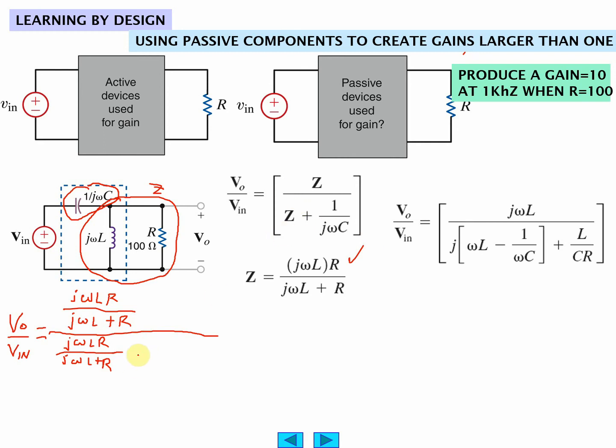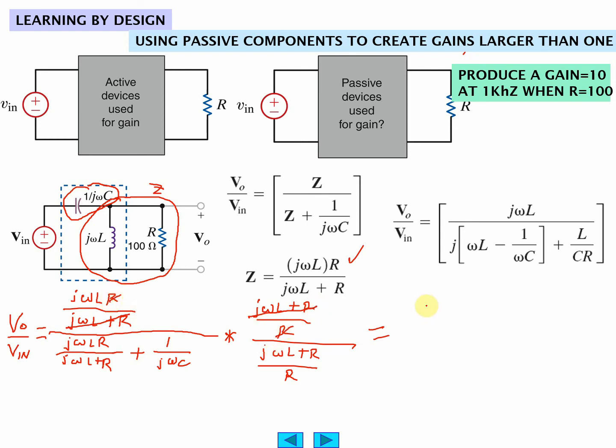So that Z plus 1 over j omega C. I'm going to multiply top and bottom by j omega L plus R over R to get this result here. That will make this cancel this, and this cancel this.